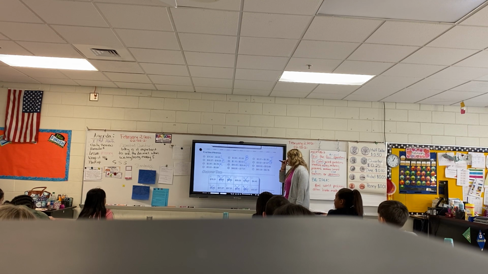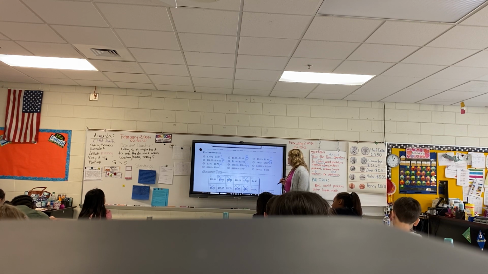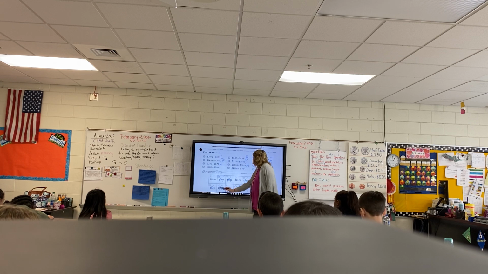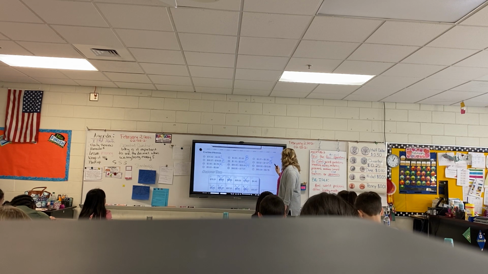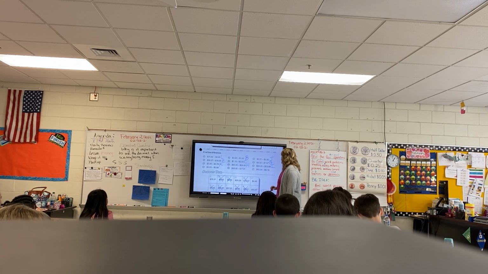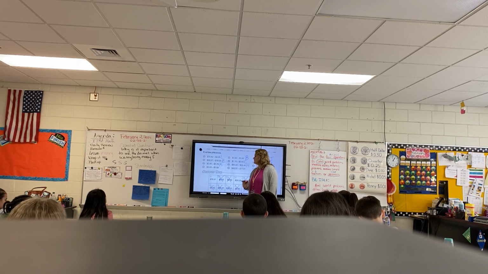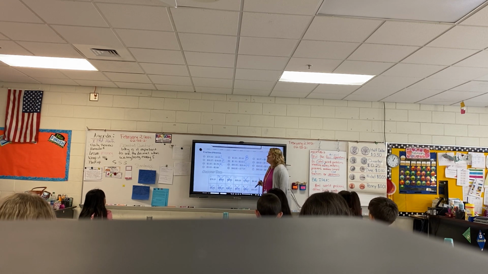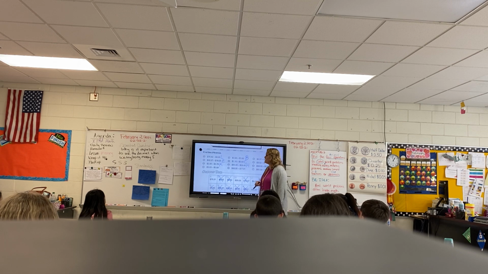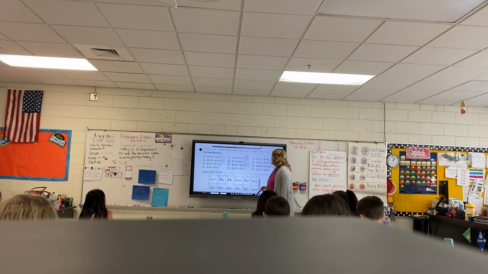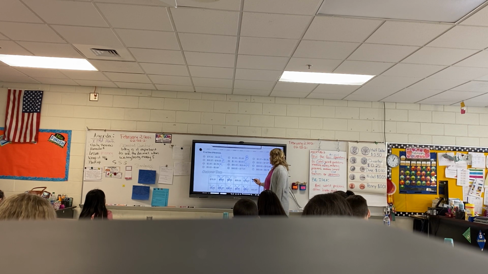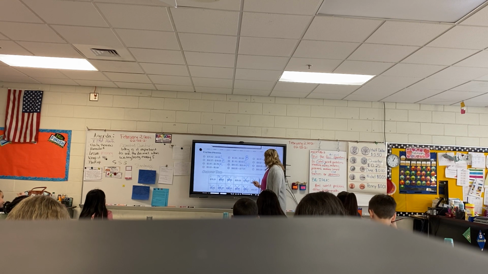Brayden, what did you and your partner get for number 9? We got I. Did everyone else get I? Yes, ma'am. Okay. Alexis, what did you and your partner get for number 10? Number 10 is F. Did everyone else get F?